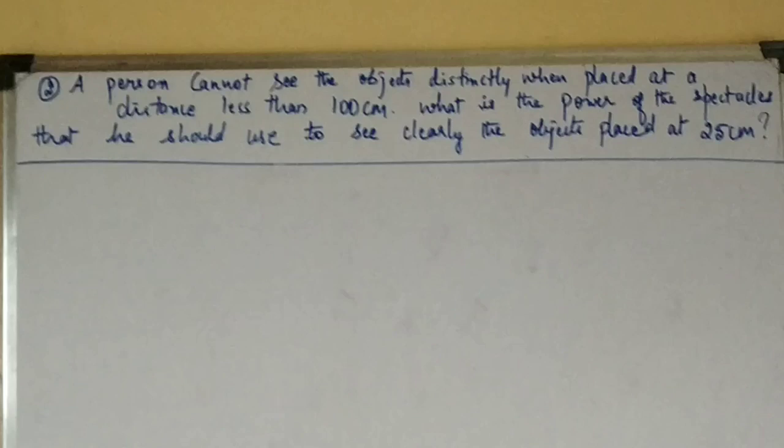Now let us set the hypermetropia near point, that near point, as 100 centimeter. He is not able to see the objects at the near point as well as less than the near point of the defected eye. Near point doesn't mean for the normal eye. Near point for the defected eye, that is n dash.